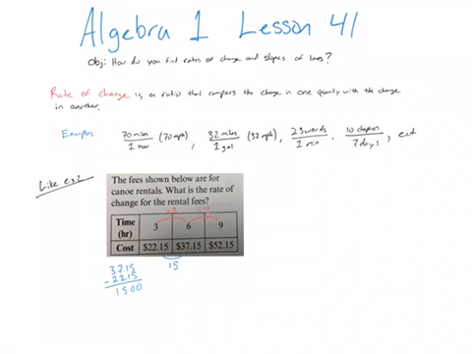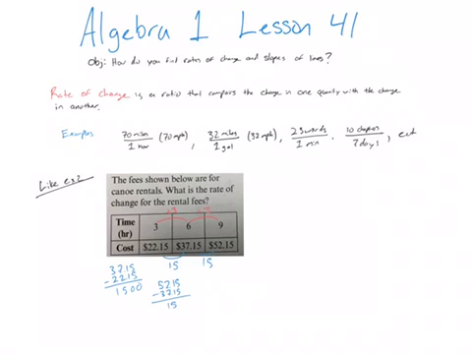So it's a change of $15. Same thing here: 52.15 minus 37.15. And again, we get a change of $15. So notice the cost is going up $15 each time as the time goes up 3 hours.